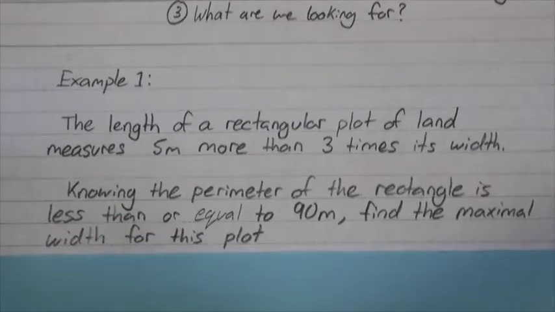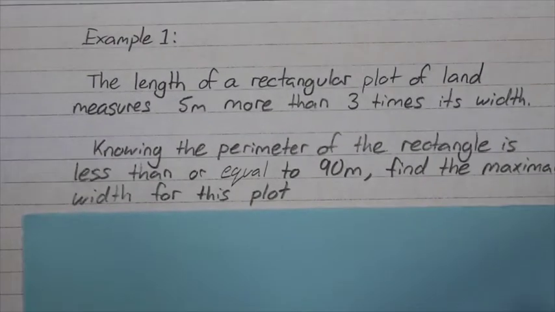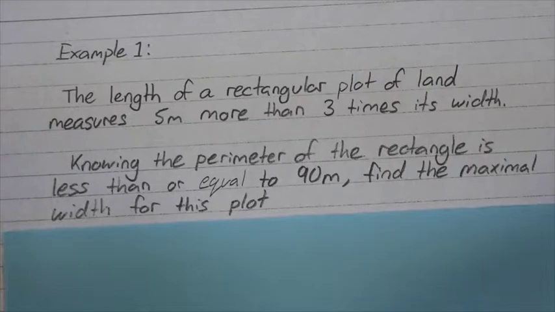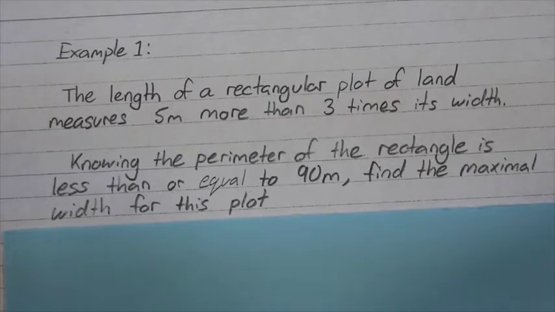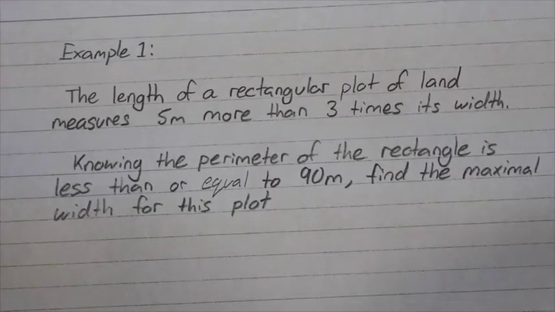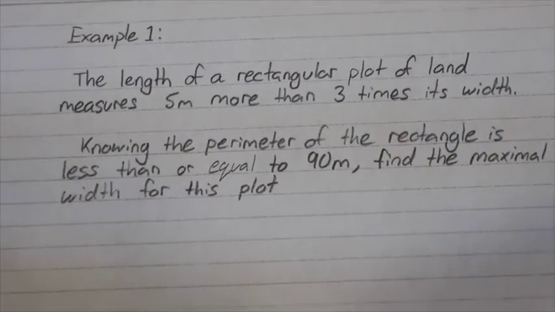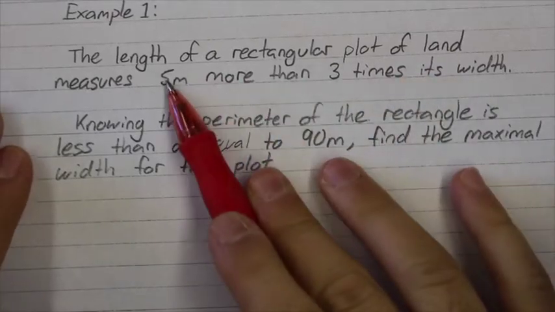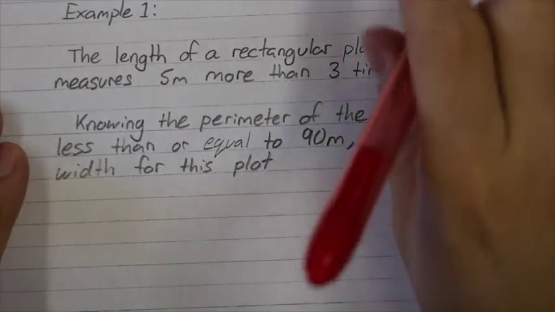For example: the length of a rectangular plot of land measures 5 meters more than 3 times its width. Knowing the perimeter of the rectangle is less than or equal to 90 meters, find the maximal width for this plot. That seems like a lot of words, but let's break it down. First of all, we can turn this part into a math expression.